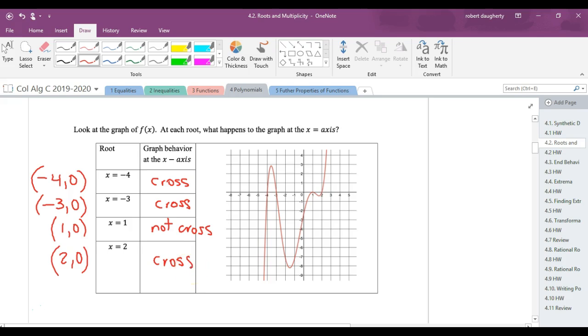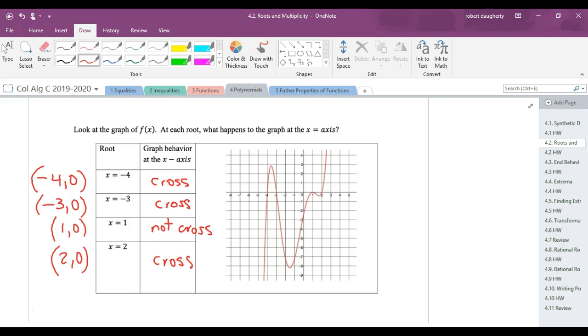So what do you think this means about this particular root right here? It occurs how many times? Well, we just talked about what would happen. It's probably going to have to occur twice for it not to cross, okay? So these are all the x-intercepts. This one occurs 1 time because I cross the axis 1 time.